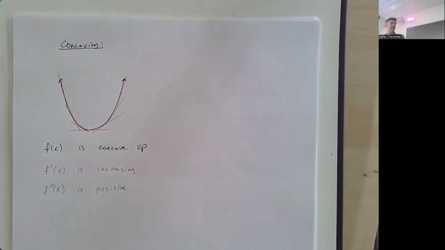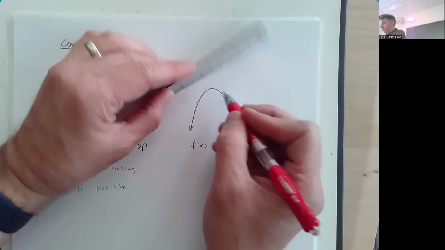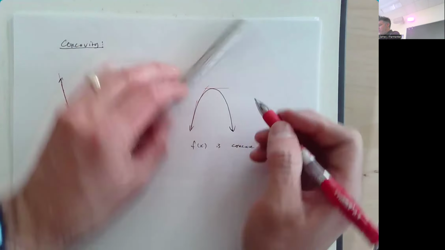Similarly, if you have something that's concave down, the first derivative is decreasing from left to right. Starts off super positive, then less positive, then 0, then slightly negative, then more negative.